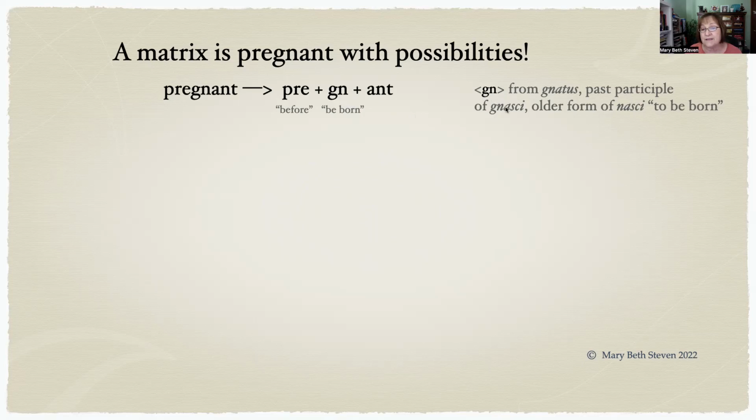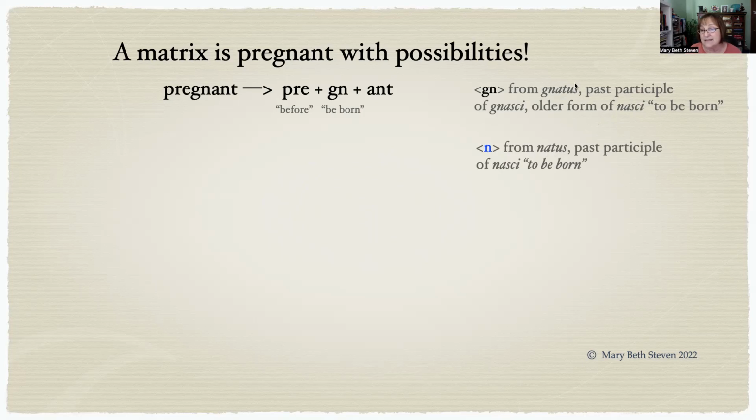So if this is the older form, because look at this spelling here, what's the difference? The only difference in spelling is the G. The newer form is NASCI. So does that mean the N by itself is a base? Well, yes, it is. It's another bound base, a uniliteral, one-letter base, from NATUS.